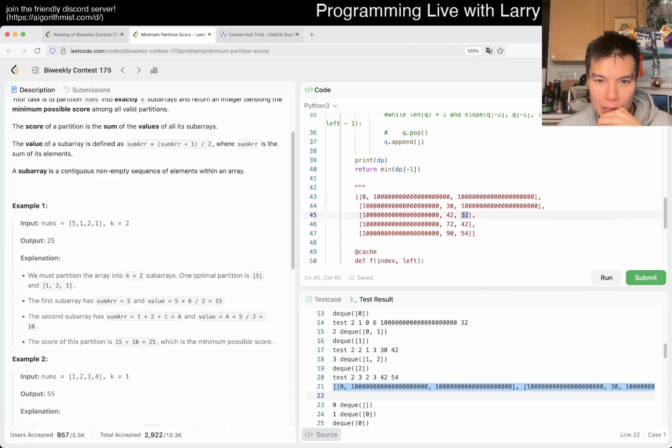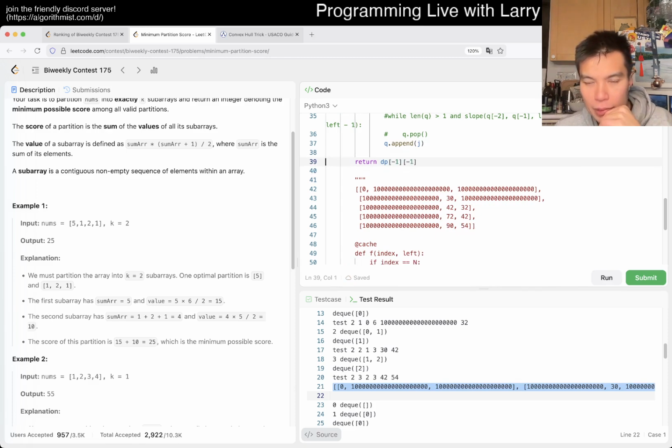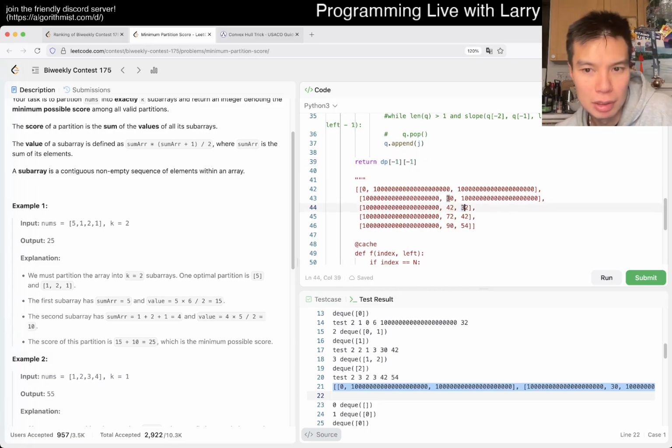I mean, maybe it's right, but it doesn't really matter if it's right or not. And this should be this, actually, just straight up. I mean, it doesn't matter if this is right, because, well, for subproblem purposes it's interesting.